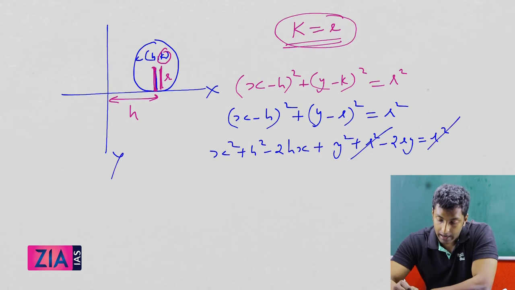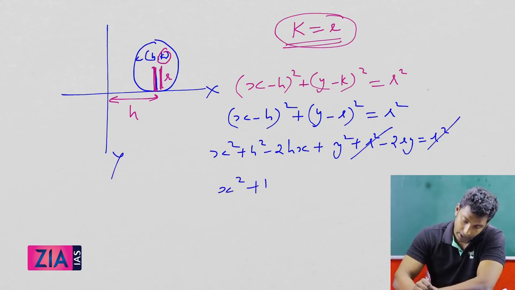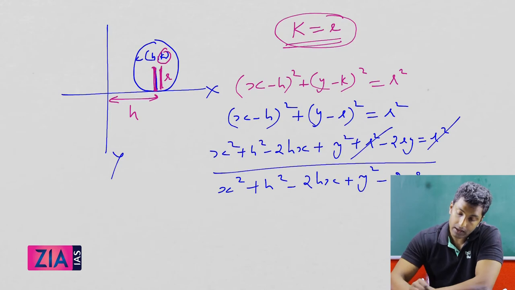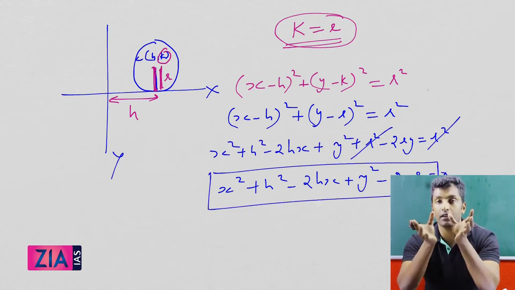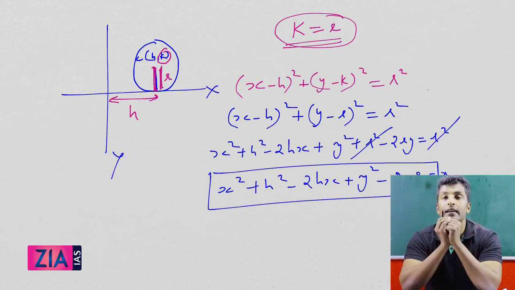Now r square and r square are getting cancelled out. What you will be getting is x square plus h square minus 2hx plus y square minus 2yr, which is the required equation. So this is the equation of the circle which is touching the x-axis.